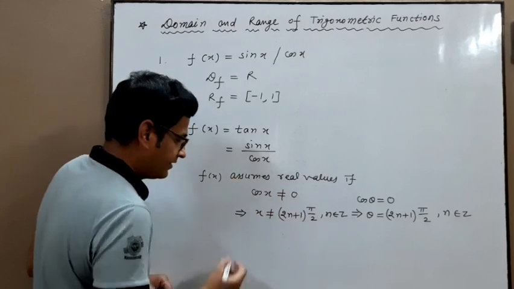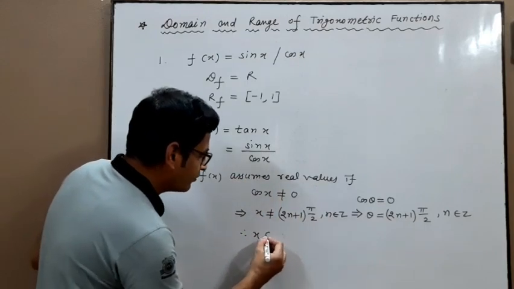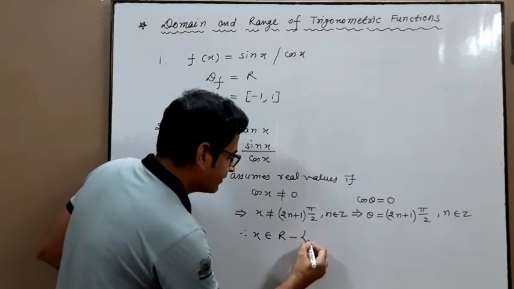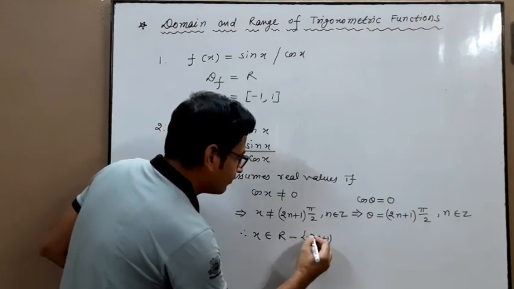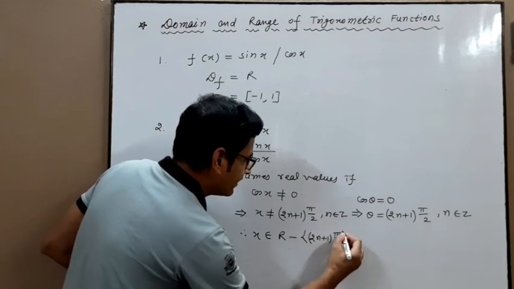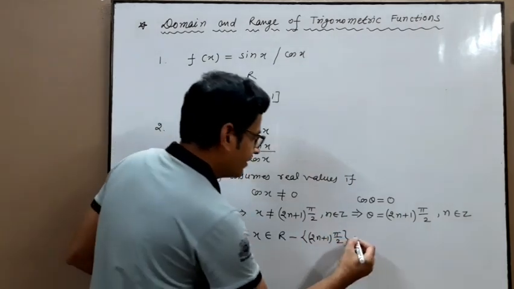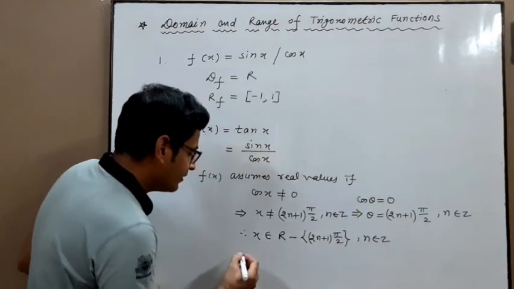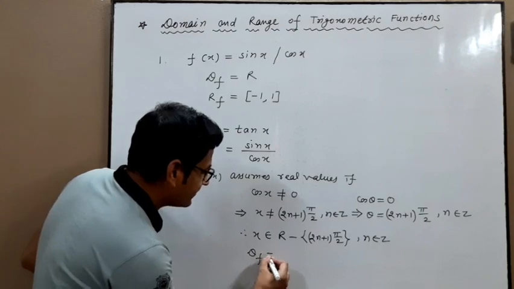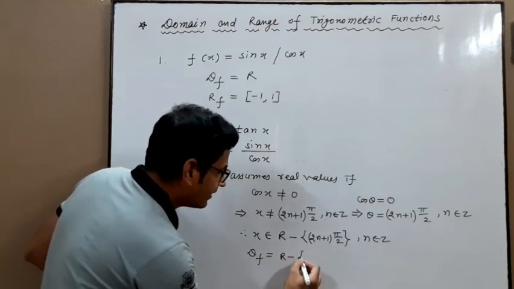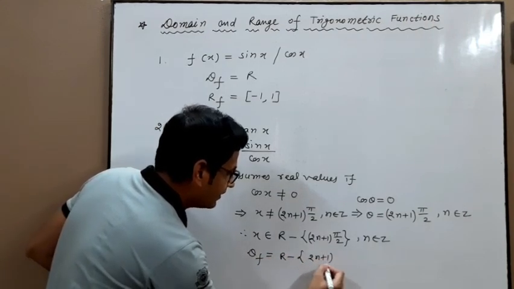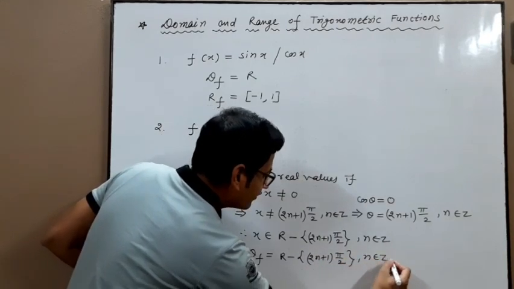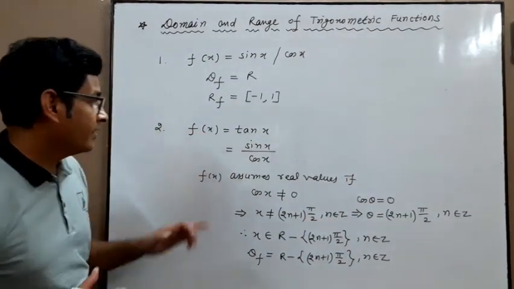x is not equal to this, therefore x belongs to the set of real numbers minus {(2n+1) pi by 2}, in curly brackets, because this is a set where n belongs to Z. So the domain of the tangent function is R minus {(2n+1) pi by 2}, n belonging to Z. And now the range of tan x.